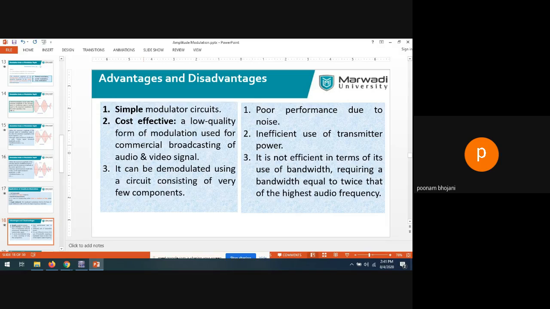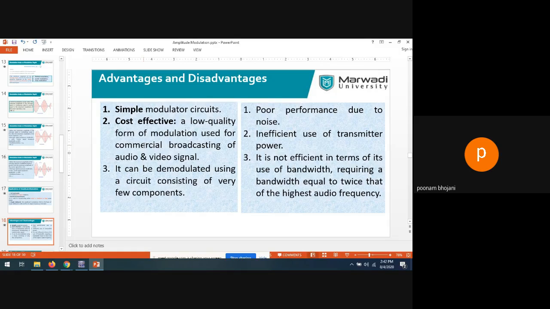The third disadvantage is that it is not efficient in its use of bandwidth, requiring a bandwidth equal to twice the highest audio frequency. They are saying that the bandwidth is not utilized properly. How do you say whether bandwidth utilization is proper or not? Bandwidth utilization is judged by the Nyquist criteria, and here the Nyquist criteria are not being followed well.